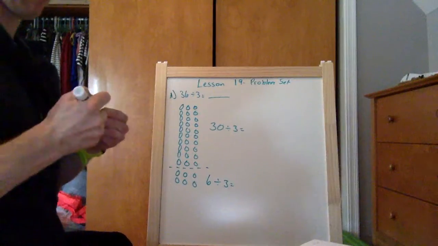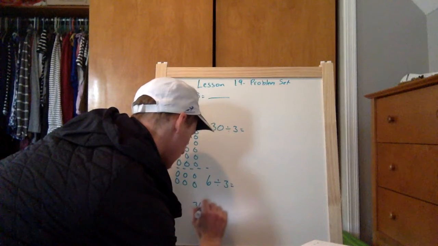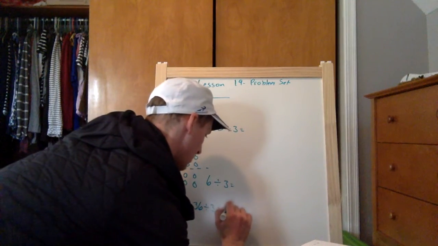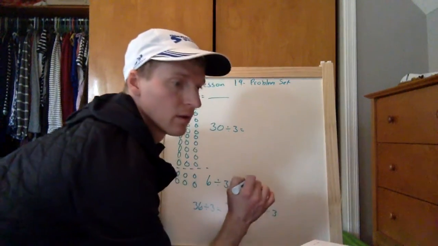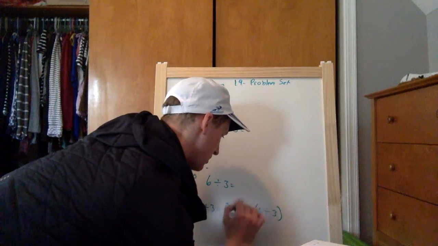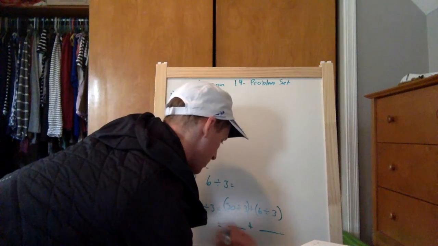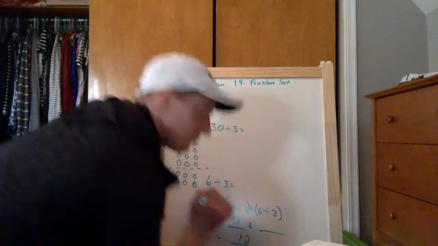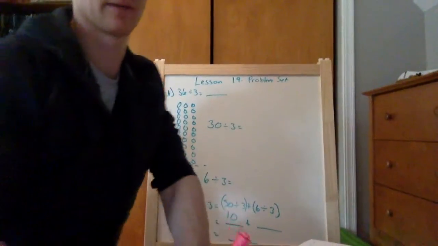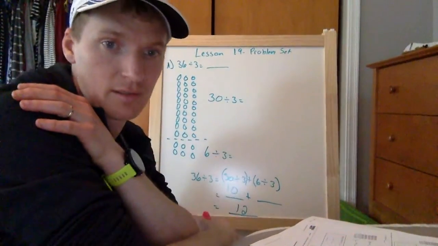And then at the bottom it says, our answers today we'll do in magenta. Okay, so that's how your number 1 letter A looks.